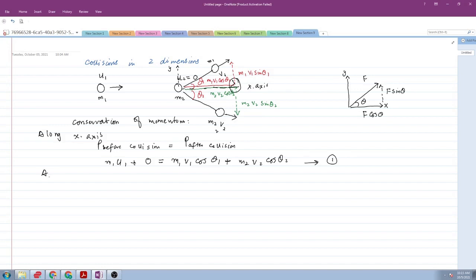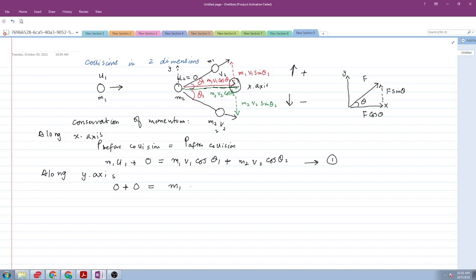Now we are going to simplify it for the y-axis. For the y-axis, as both objects are moving along x before, it means our momentum before collision along the y-axis is 0. But after collision, we have the vertical component for both. One is up, one is down, based on the resultant direction. This is positive, this is negative.